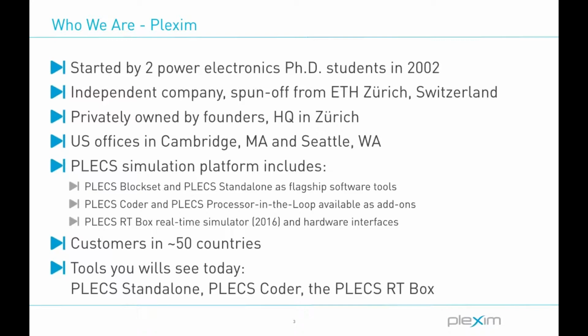PLECS comes in 2 versions, PLECS Blockset, which is a toolbox within MATLAB Simulink, and PLECS Standalone, which is an independent solution and the one I'll be using today. We've been selling PLECS since 2002 and came out with our own real-time simulation platform called the RT Box in 2016. The tools you will see today are PLECS Standalone, PLECS Coder, as well as the RT Box.